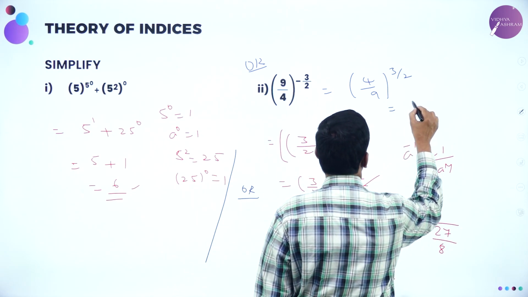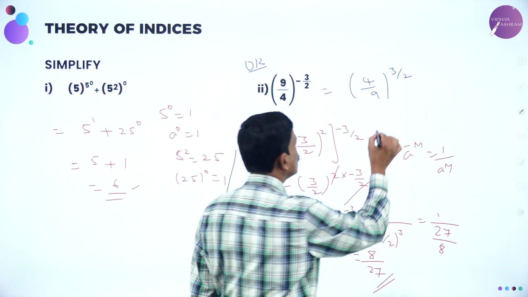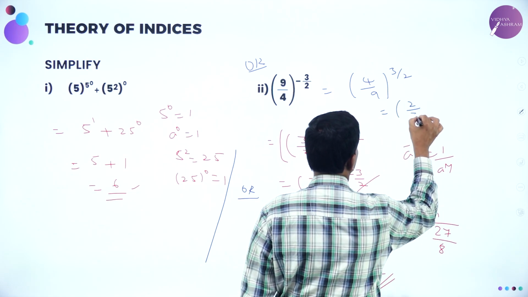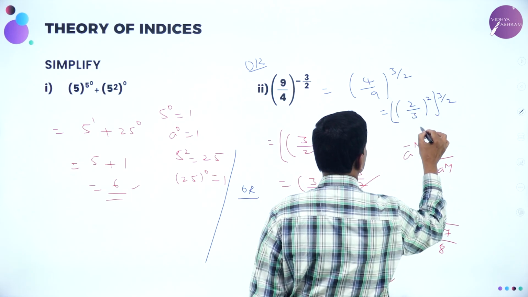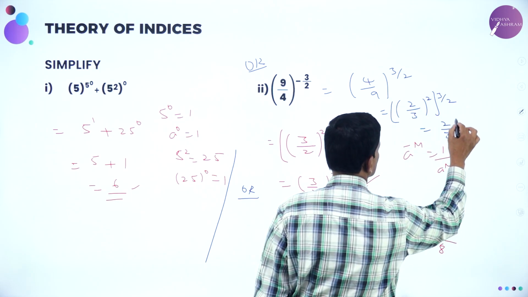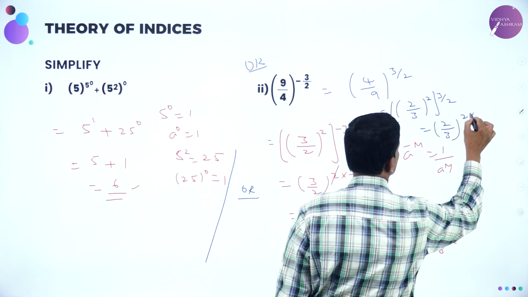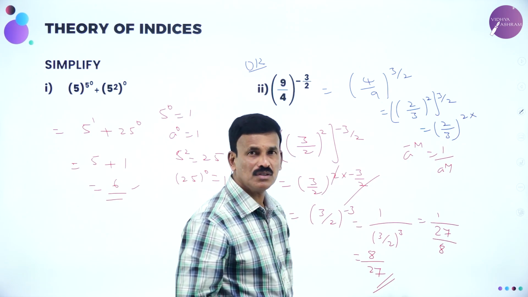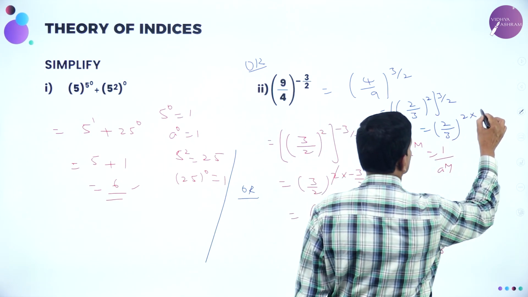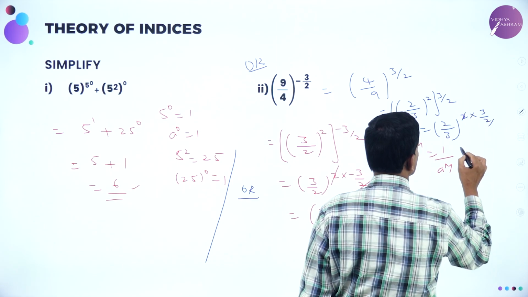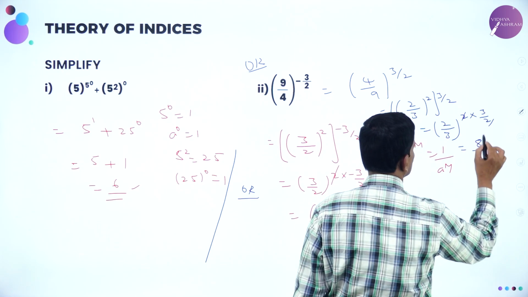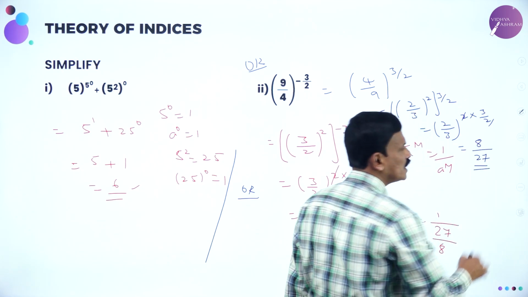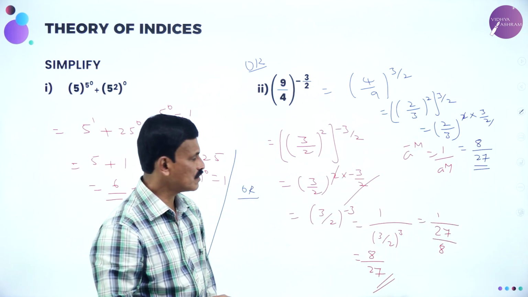So 4 by 9 can also be written as 2 divided by 3 whole square, whole to the power of 3 by 2. Again if you apply the law of indices, this is 2 by 3 whole to the power of 3 by 2, 2 and 2 get cancelled. This is 2 cube, which is 8, divided by 3 cube, which is 27. 8 by 27, which is the required answer.